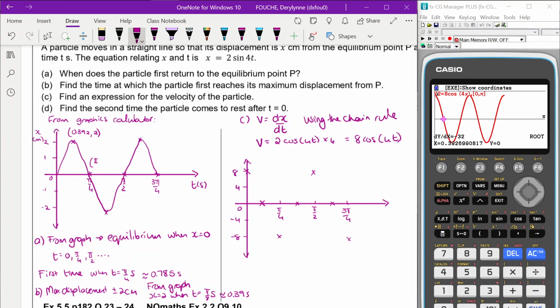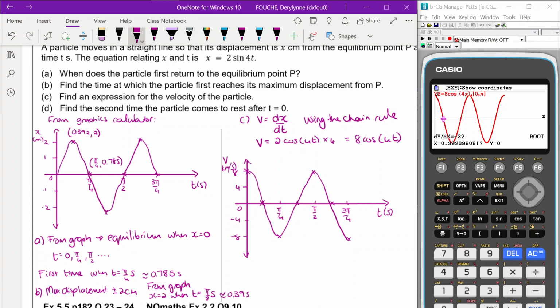So we want pi on 4 and 0.785. All right, so let's sketch this. Okay, and we've got time in seconds, and this is velocity in centimeters per second.